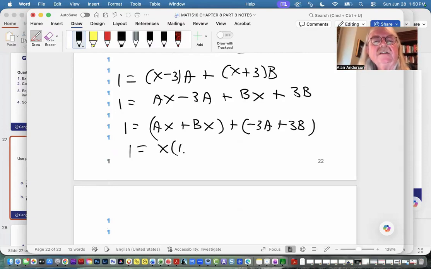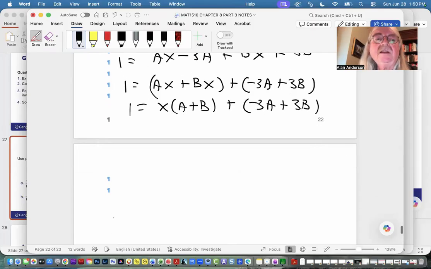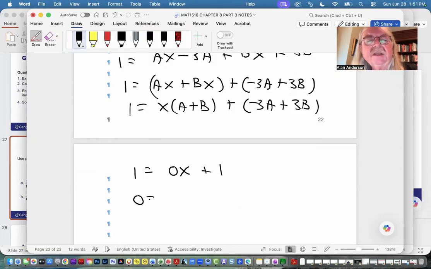Let's factor out the x. And then we still have over here plus minus 3A plus 3B. And now again, we're equating the coefficients. That left-hand side, 1, is equivalent to 0x plus 1. So you're setting 0 equal to A plus B because that's the x term. And then 1 is being set equal to this term. This is the constant.